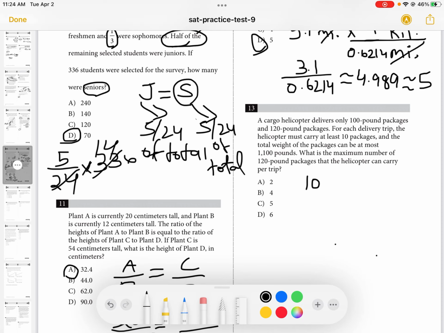Okay, so we're given two inequalities. 100, I want to say x, for the light packages, plus 120y must be less than or equal to 1,100, and then x plus y is greater than or equal to 10.